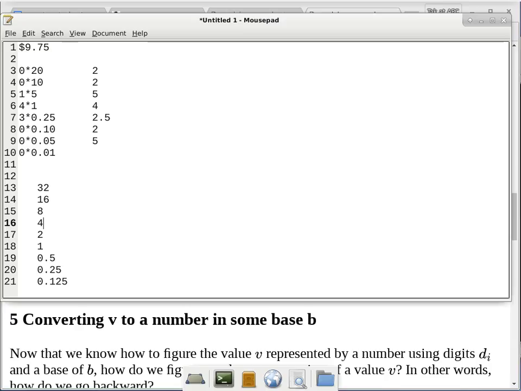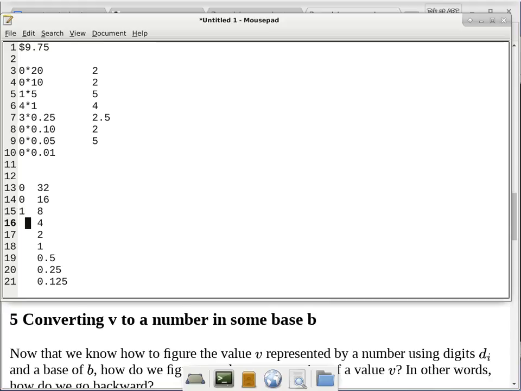But I want to come up with exactly the same amount, which is 9.75. Okay? So how are we going to do this? We're going to go back and backfill those values. How many 32s do we need? 0. 16s, 0. We probably need one 8, right?